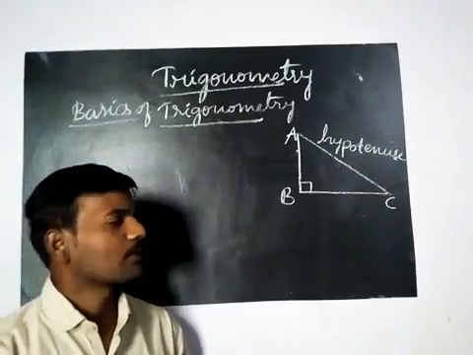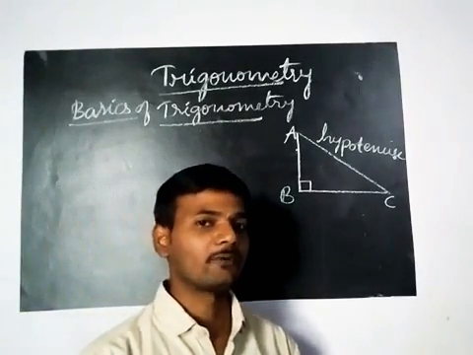The side opposite to the right angle is known as the hypotenuse.